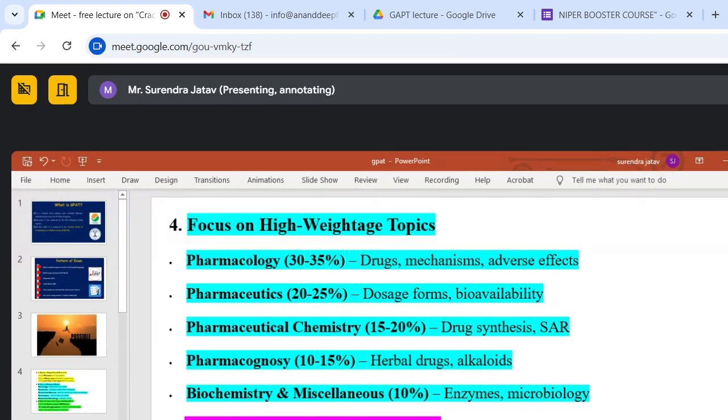If anybody wants to prepare for GPAT and get a good rank, I can say with 100% surety that if you cover only these four subjects with thorough knowledge, pharmacology, chemistry, pharmaceutics and pharmacognosy or analysis, then definitely you will qualify the GPAT exam. If anybody wants to get a rank, then you have to cover scoring subjects also. What are the scoring subjects? I will discuss later on.